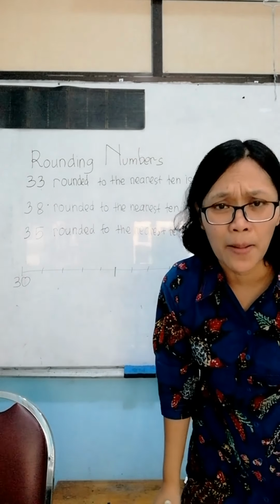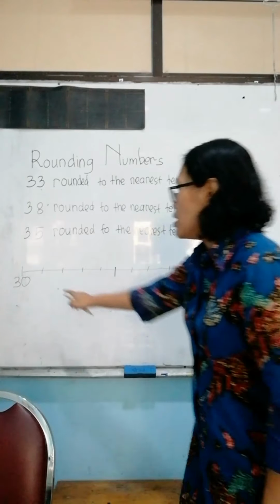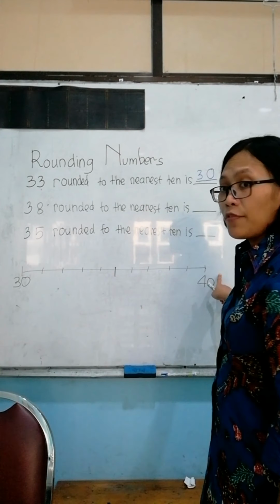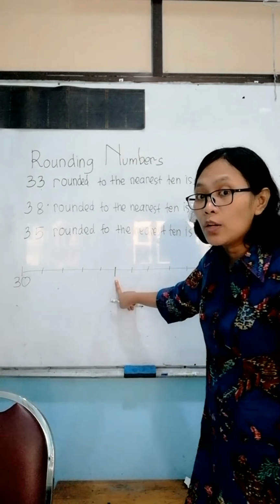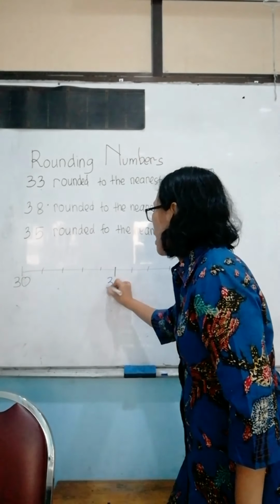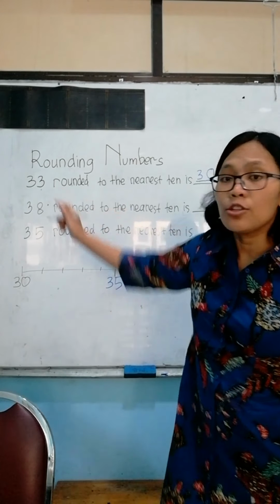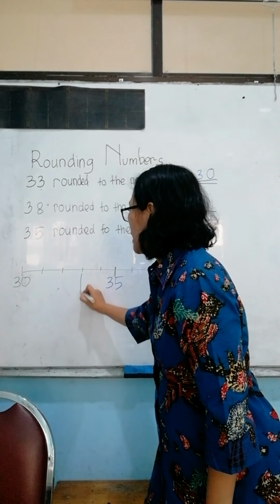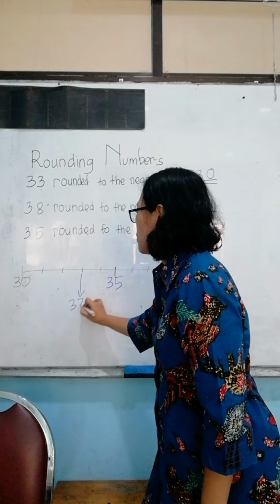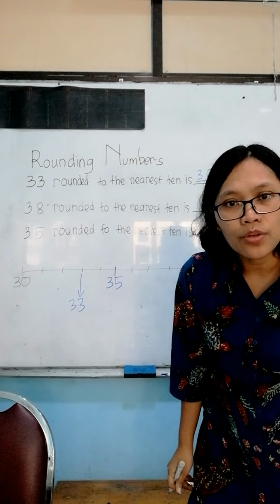Can we use the number line? Of course we can. As we can see here, we have a number line from 30 until 40, and exactly in the middle will be 35. Very good. And where is 33 then? 31, 32, 33. It will be here. What do you think?